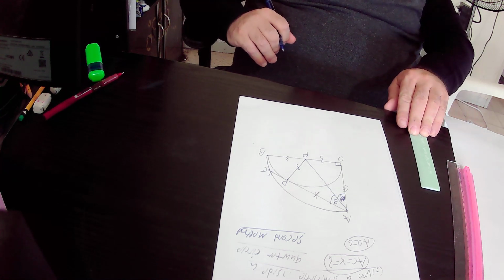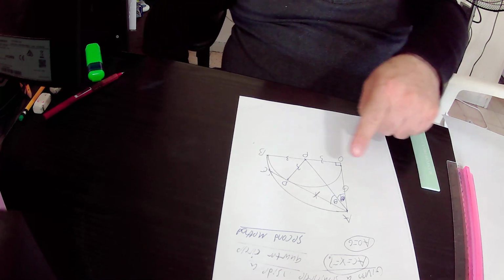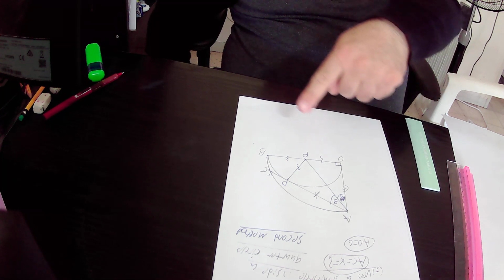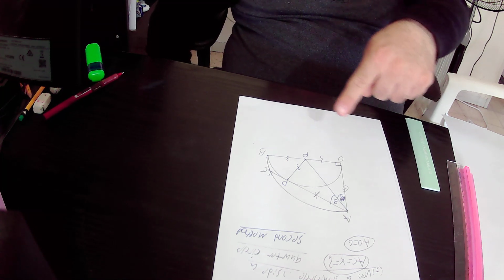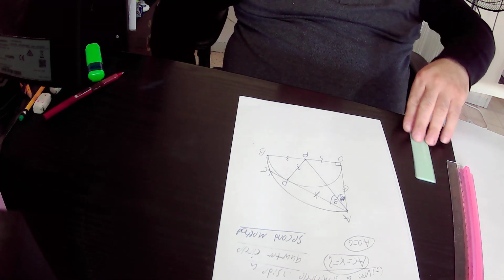Here we'll extend line segment AC and line segment OB by a straight line until they intersect with each other.